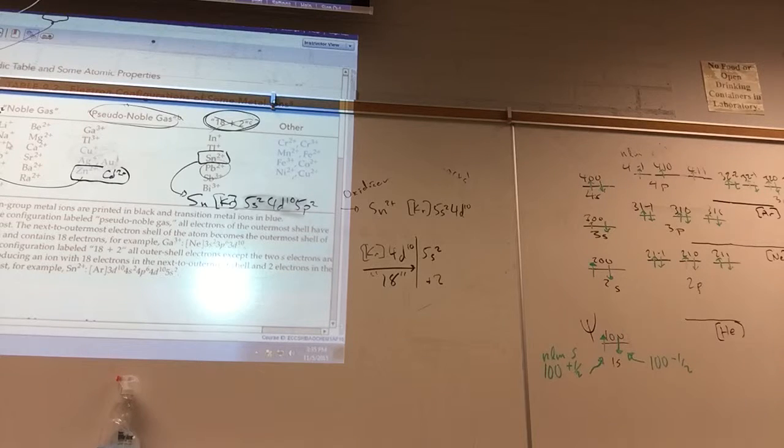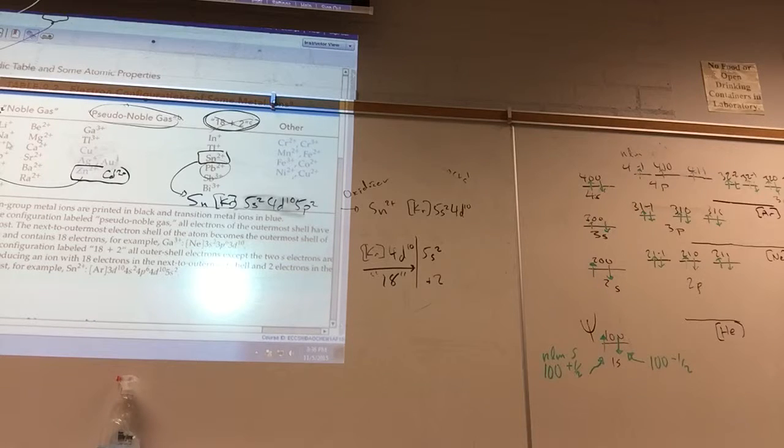And so we can use that rule to predict things like, what do you think the charges on indium are? Indium is 5s2, 5p1. Use the plus 2 rule. And so indium, you'd expect charges of plus 1 and plus 3.